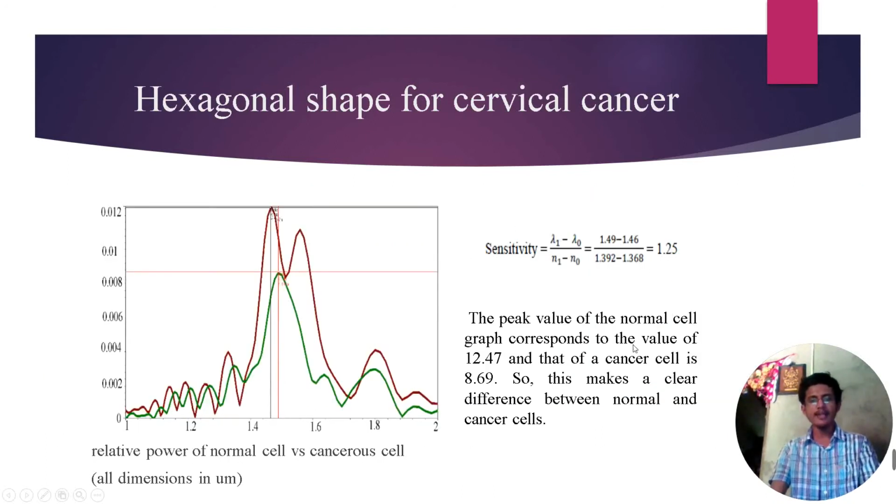Here we can see the peak value of the normal cell graph corresponds to 12.47, and that of the cervical cancerous cell corresponds to 8.69. So this also makes a clear difference between the normal cell and the cancerous cells.